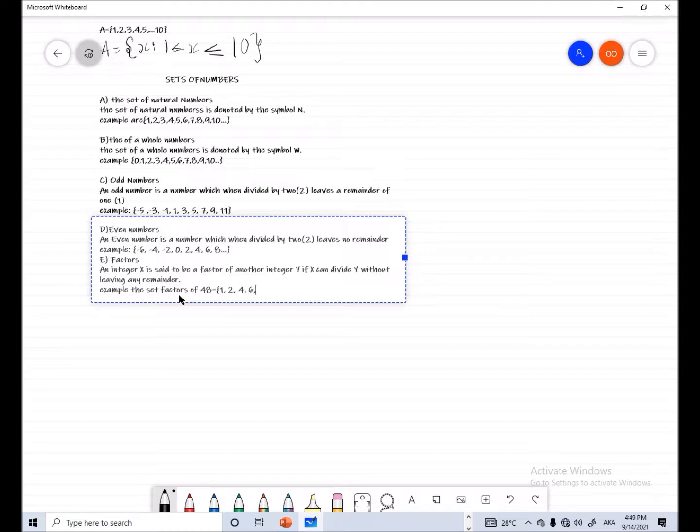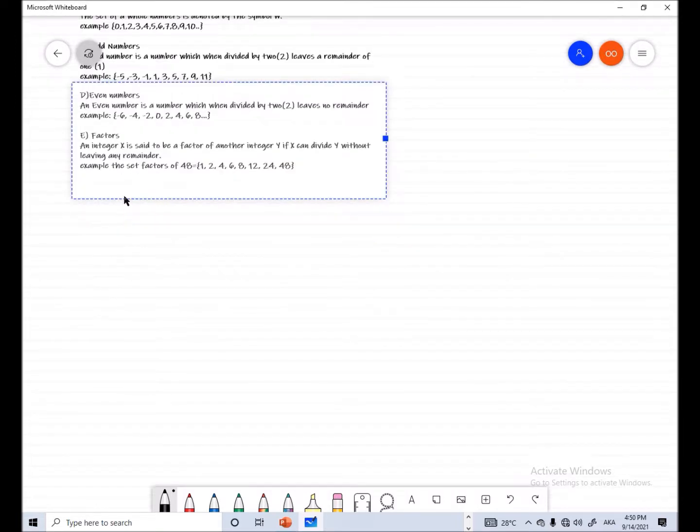Yes, 8 is a factor, because when you divide 48 by 8, there won't be a remainder. So now you understand what we are doing. If the number divides with no remainder, then we can say it's a factor of that number. You get it? So let's write 24, and then we write 48 itself, because when 48 is divided by 48, we won't get any remainder.